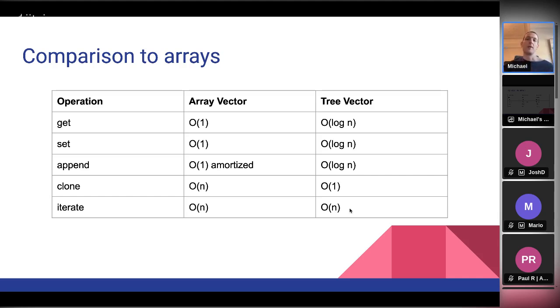Whereas in an array, you have all your entries contiguous in memory, and you just increment a pointer to jump along between them. So in practice, iteration, even though it has the same big O complexity, ends up being quite a bit slower for the tree vector, and it's something that we end up having to avoid doing too much of.